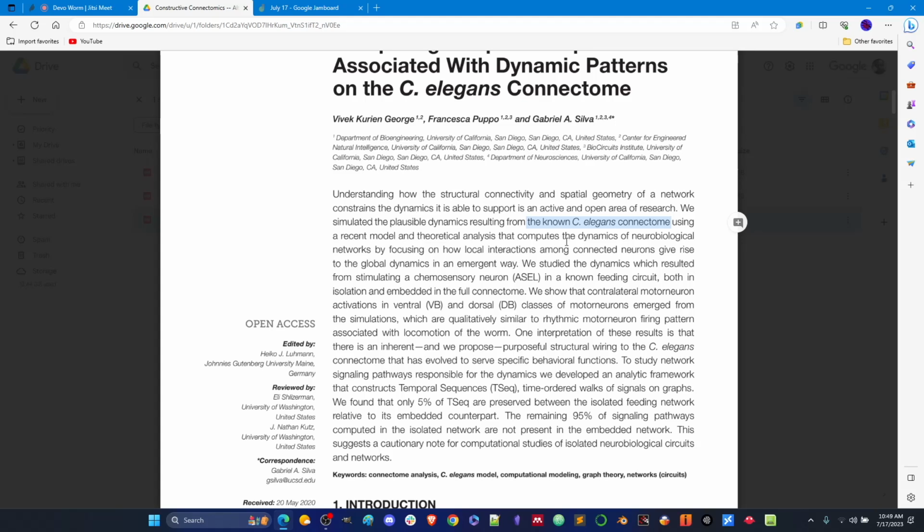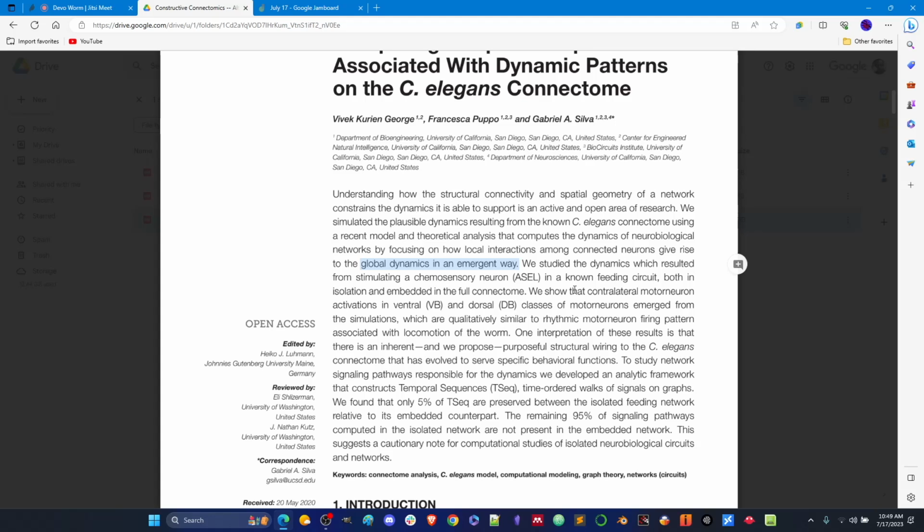complement of a connectome. So what they're going to do is use a recent model and theoretical analysis that computes the dynamics of neurobiological networks by focusing on the local interactions among connected neurons, which gives rise to the global dynamics in an emergent way. So this is where you have these local circuits of maybe 2 to 3 neurons.